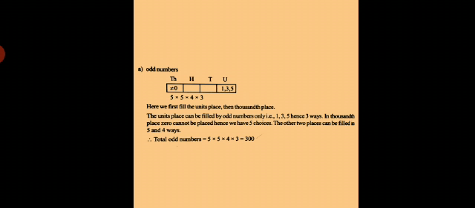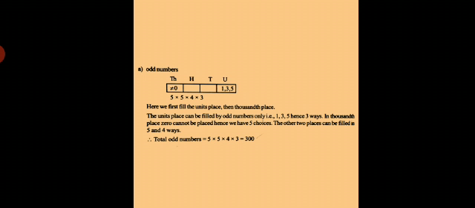Here, since 0 is excluded in the thousands place, again the same 5 choices will apply. Here we first fill the units place, then the thousands place.